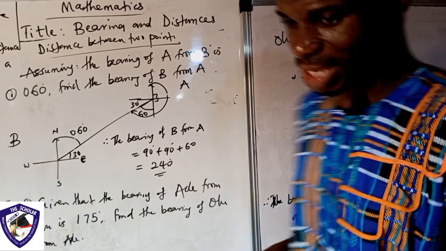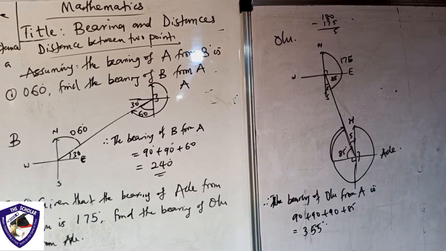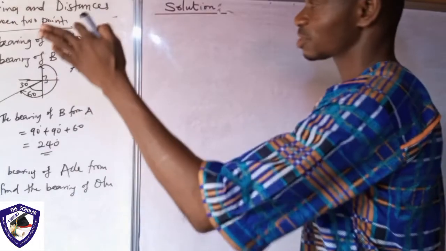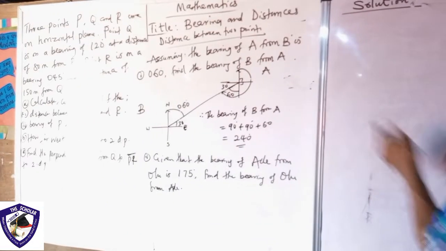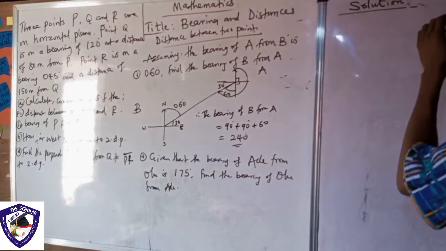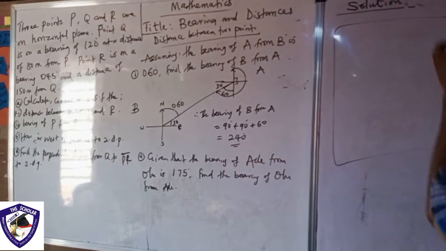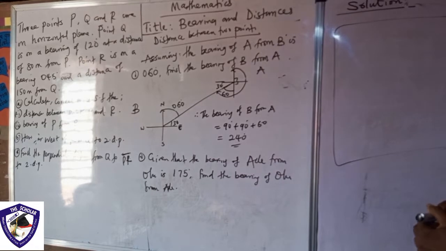So if all these are very clear, then we can now move to connecting 2 or 3 points and looking for the distance between them. So let's look at the question. We have 3 points P, Q, and R on a horizontal plane. That means this is the horizontal plane. The 3 points are located on this plane, right?